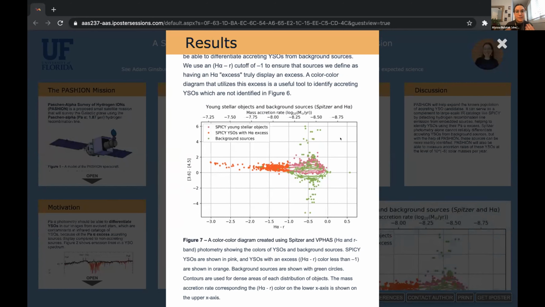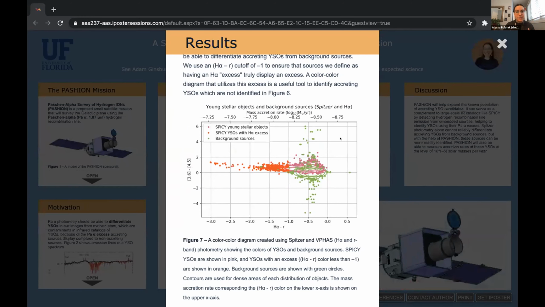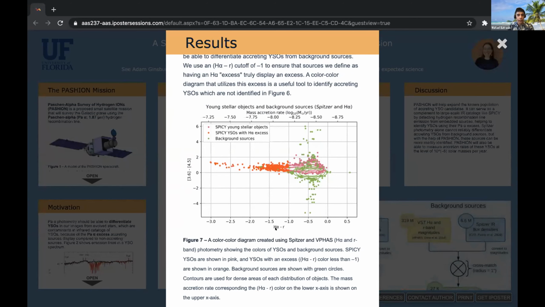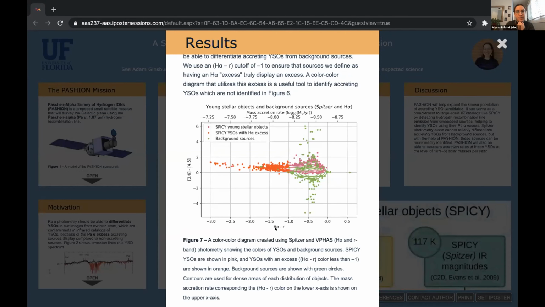And we ideally would have some method to quantitatively determine whether or not a YSO is accreting. This is sort of our attempt at doing that. Both the H-alpha and Paschen alpha emission come from the accretion? Yes, they should be tracers of accretion processes.